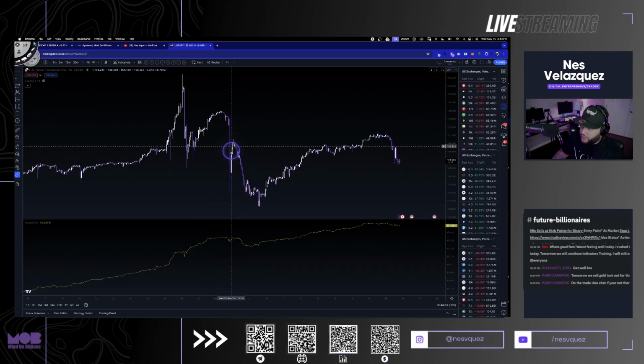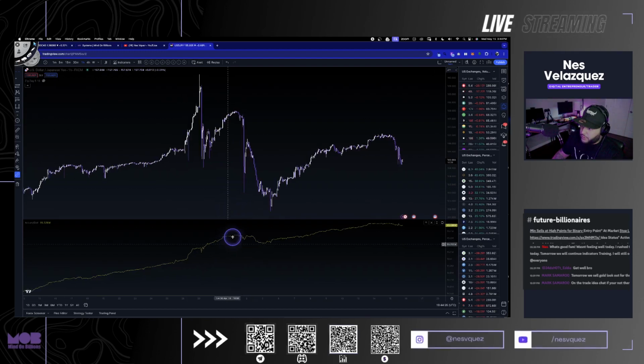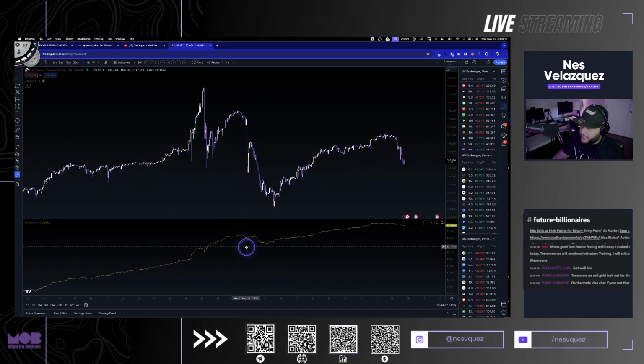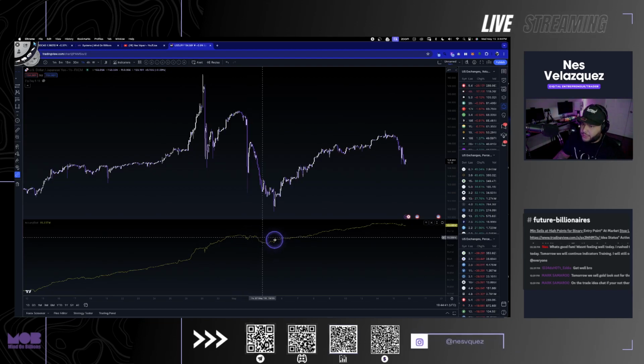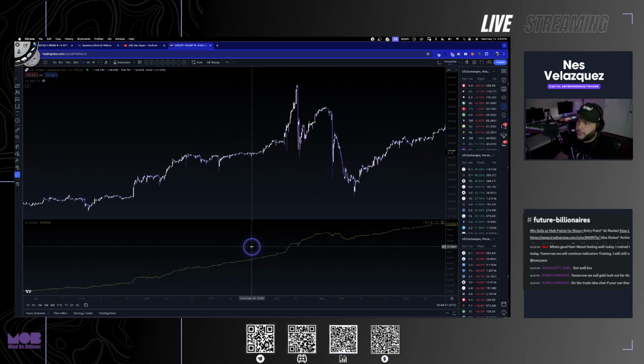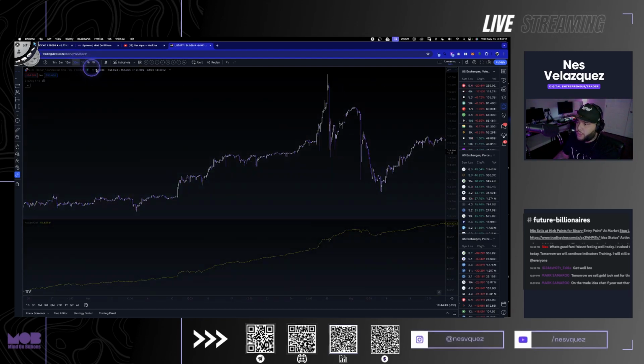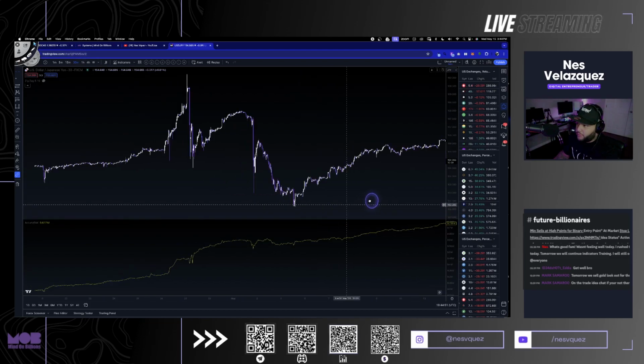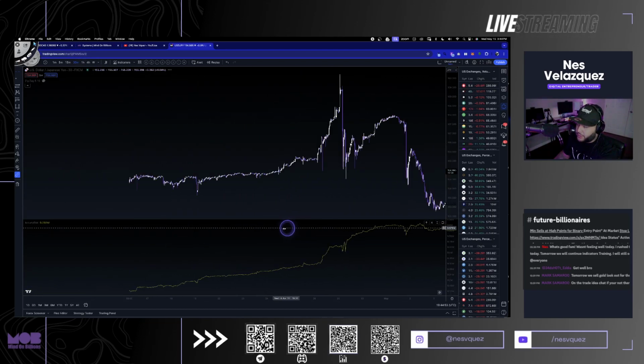Here's a sharp move down, but you don't really see this moving down like that. It's kind of staying more smoothed out, more put. If we go to a lower time frame, let's see if we can see some other divergences.